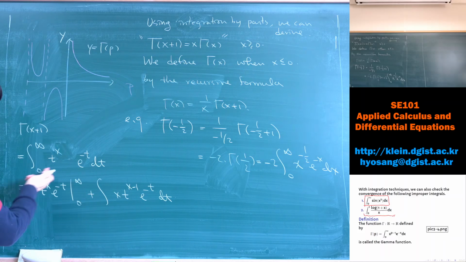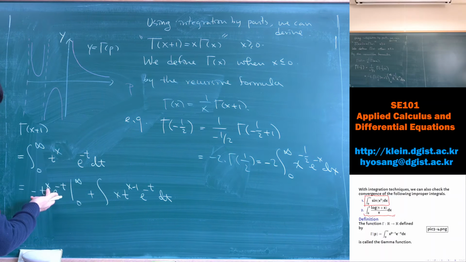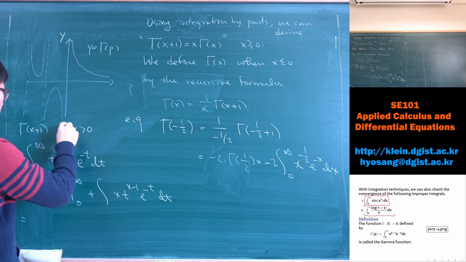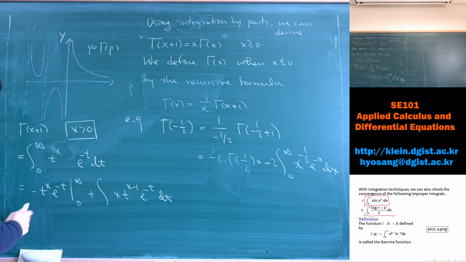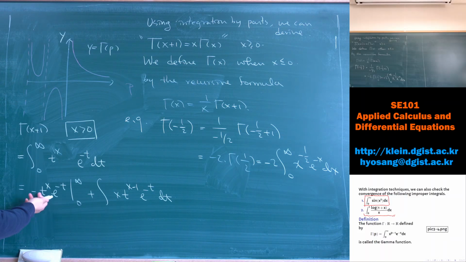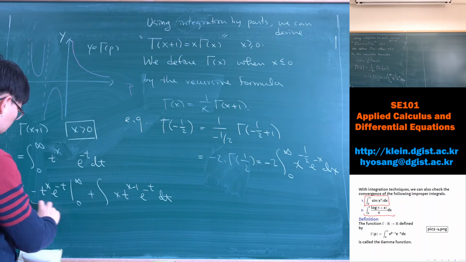So what happens on this boundary part? When I plug in t as 0, this becomes 0 because x is positive here. We're assuming that x is positive. When t goes to infinity, we have a polynomial in the numerator and an exponential in the denominator, so we get 0 because the exponential always grows faster than the polynomial. So this whole thing goes to 0.